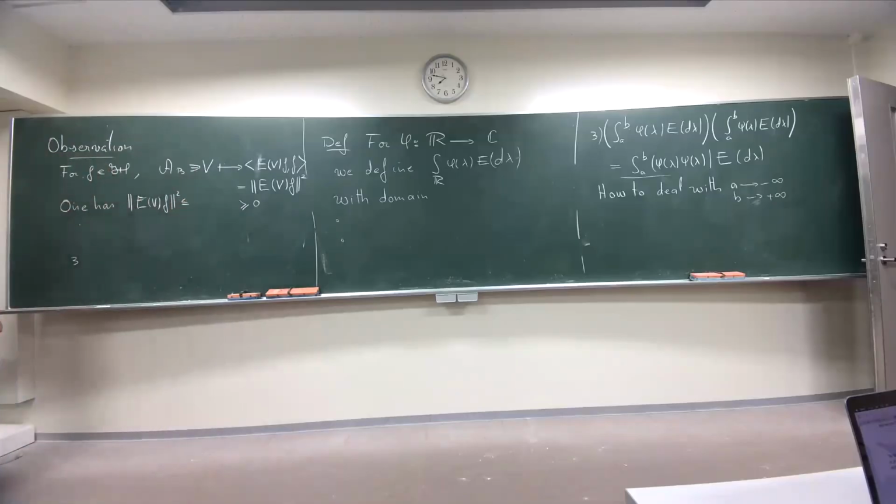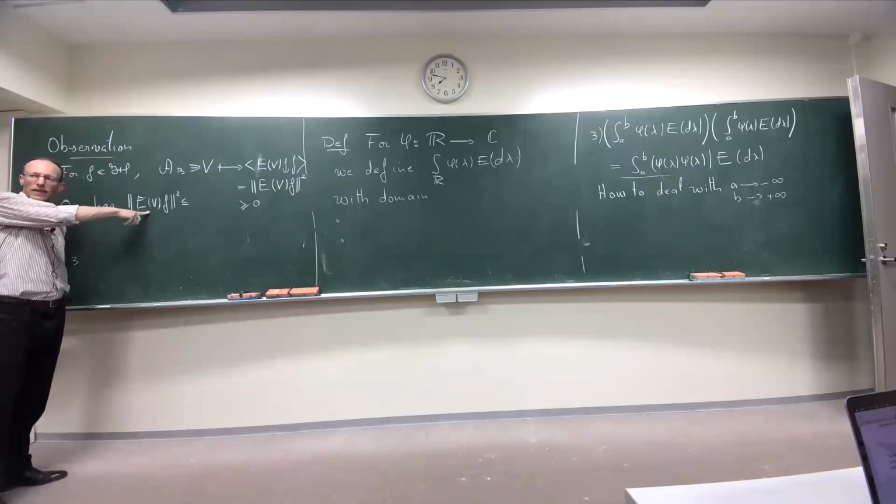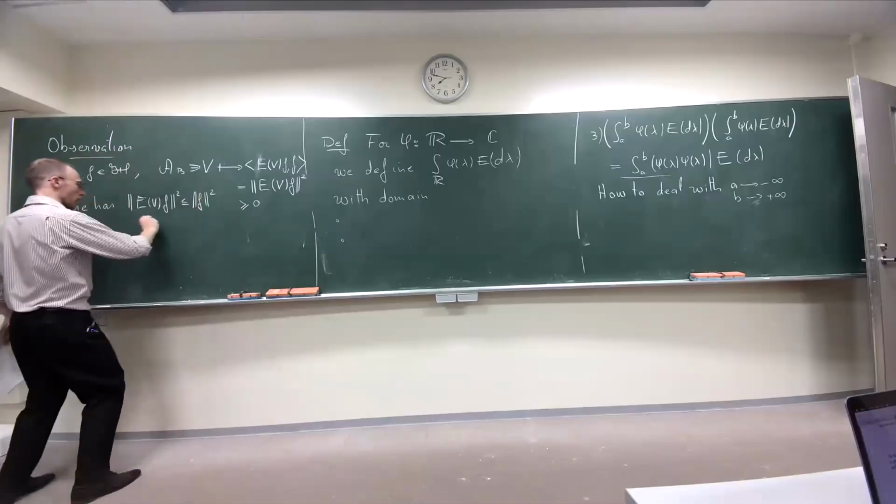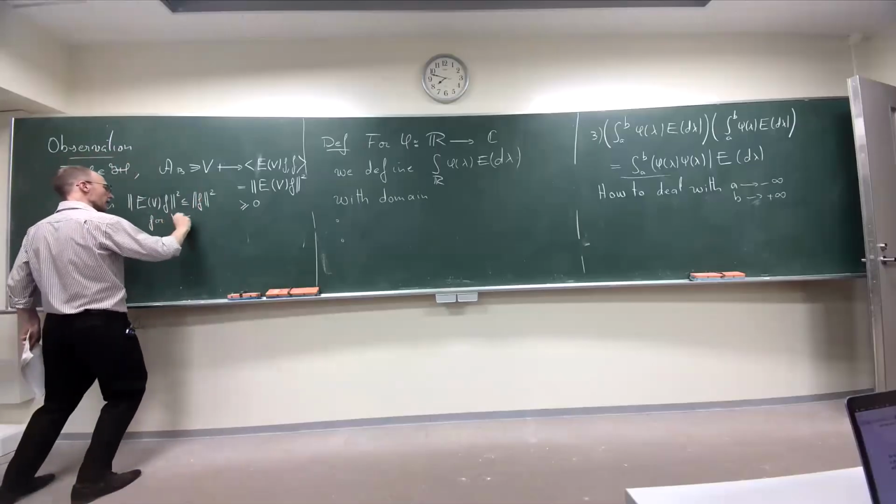Can you guess what it's smaller than? Look, the biggest projection is, so it means it is smaller than the norm of F squared. You get it for V the entire line.